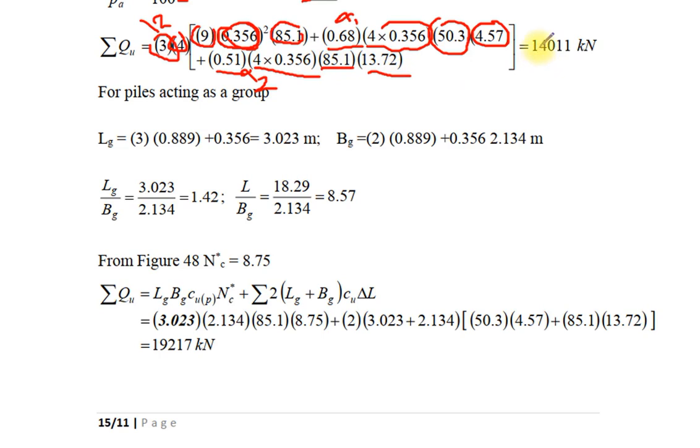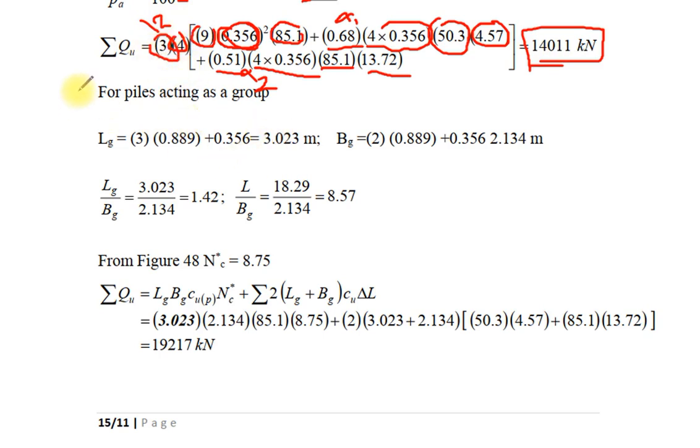We get 14,011 kilonewton, the ultimate bearing capacity based on the bearing capacity of individual pile multiplied by the number of piles in a group.